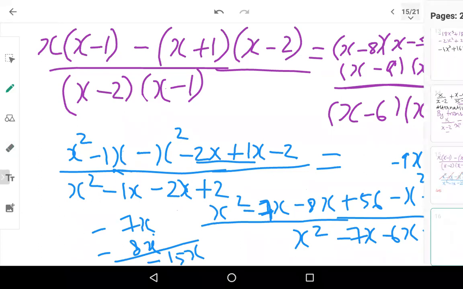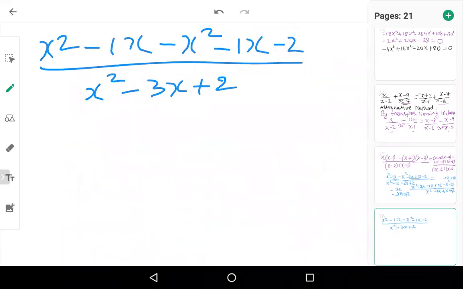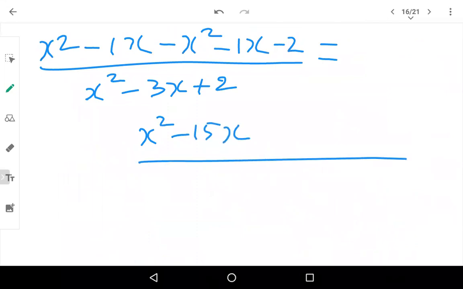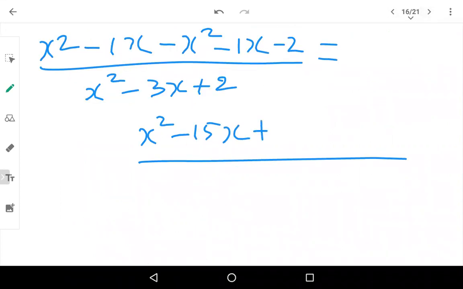Okay, so x square minus 15x. Next, plus 56 is there. Okay, plus 56 is remaining.